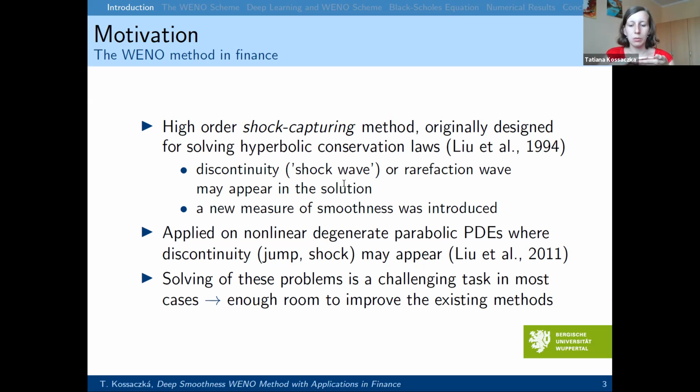And this method can then be applied to any type of PDE, I would say, but we train it separately for particular PDEs just to find the best possible solutions. So it is very important to realize that in our approach, we are developing a new numerical method. We are not just searching for one particular solution using deep learning.